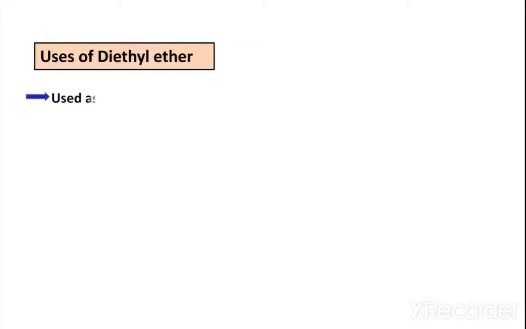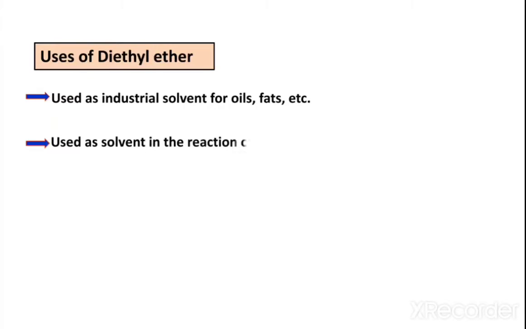Uses of diethyl ether. First, it is used as an industrial solvent for oils and fats. Then it is used as a solvent in the reaction of Grignard reagent. This is the most important use of ether, as a solvent in the reaction of Grignard reagent. Then it is used as a refrigerant.